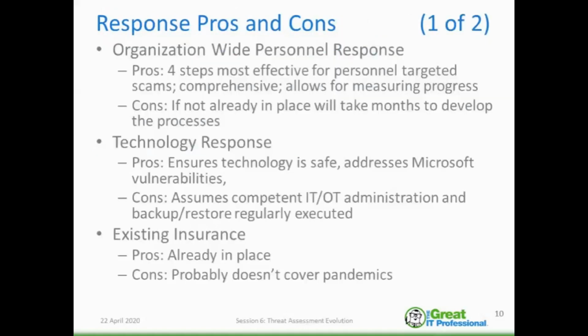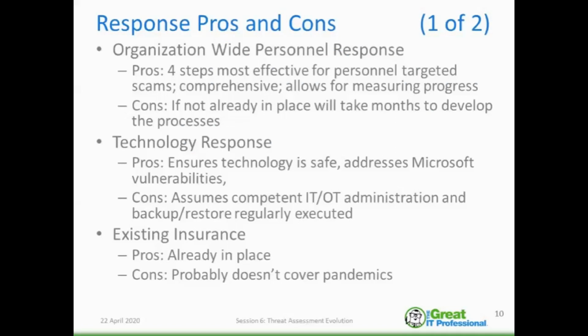So when we looked at our responses and the pros and cons of what we've done, again, this is critical. You get to the point of how do I respond, and then, as I look at the verification and adjustment, what were the pros and cons of what we did? So the organization-wide personnel response, the pros: the 4 steps most effective for personnel targeted scams. It was comprehensive.